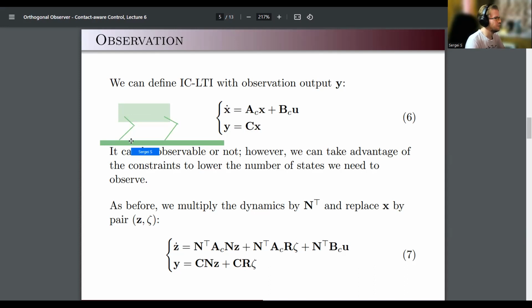So you have to take advantage of that. It's not just an academic curiosity how to build an observer for the system in a way that takes advantage of the constraints. You have to do it. Otherwise, you are solving a much harder problem, which maybe you wouldn't be able to solve anyway, right? Okay.